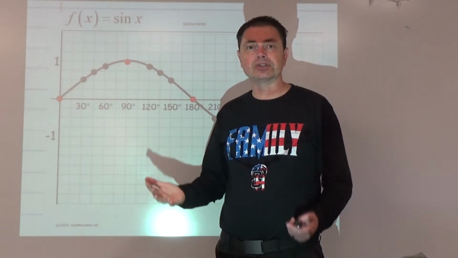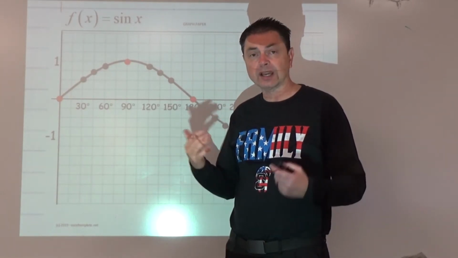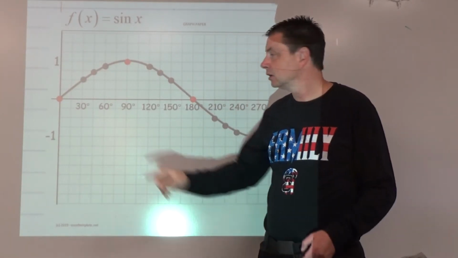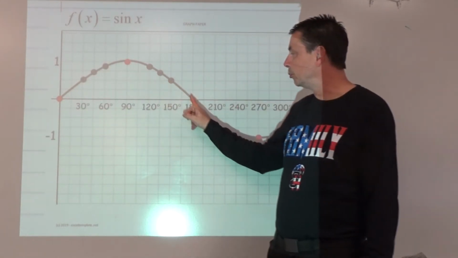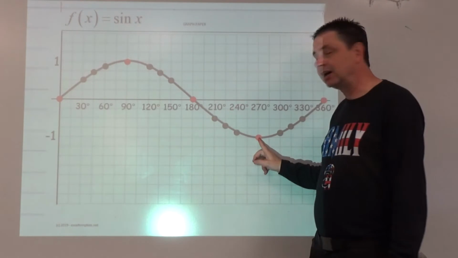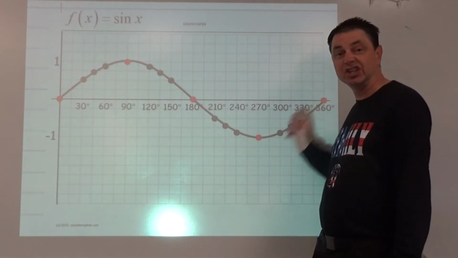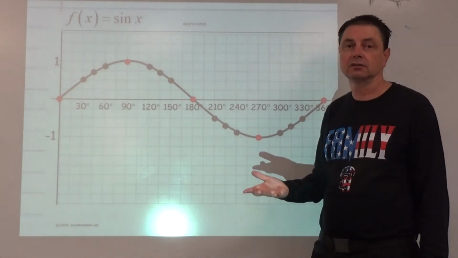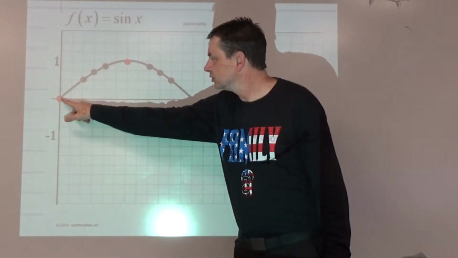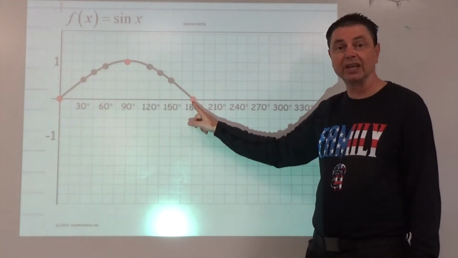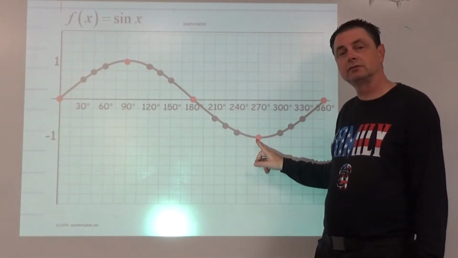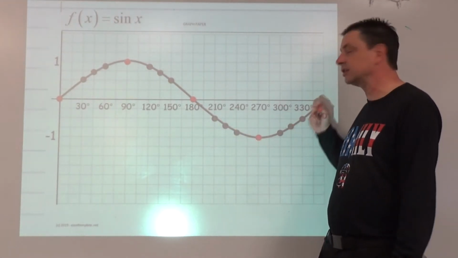So we kind of understand the pattern at those quadrant angles. It starts at 0, then goes to positive 1, back to 0, down to negative 1, back to 0. That's the pattern. 0, up to maximum, back to equilibrium, down to minimum, back to equilibrium.